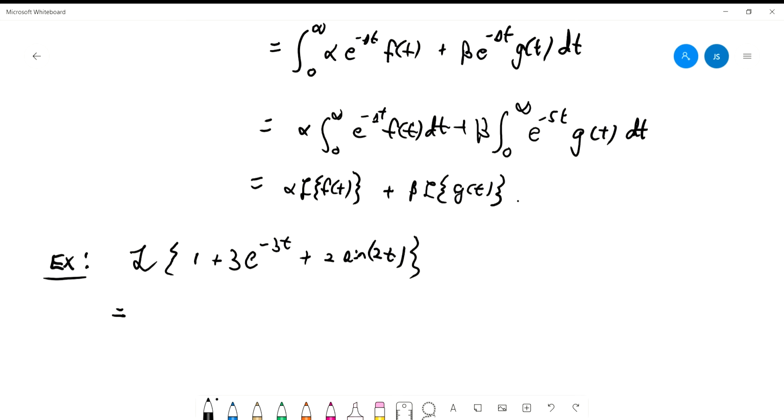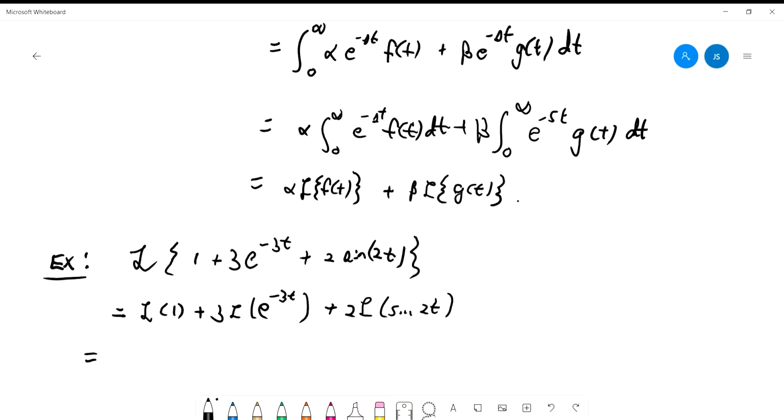Well, that's just going to be the Laplace transform of 1 plus 3 times the Laplace transform of e to the minus 3t plus 2 times L of sine of 2t by linearity.